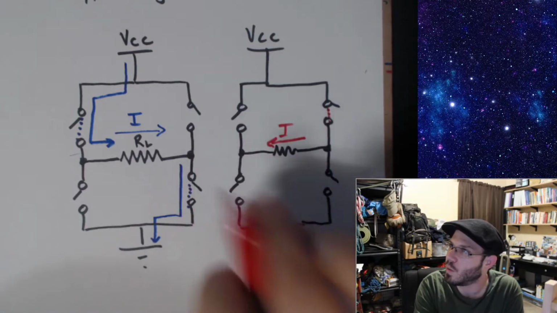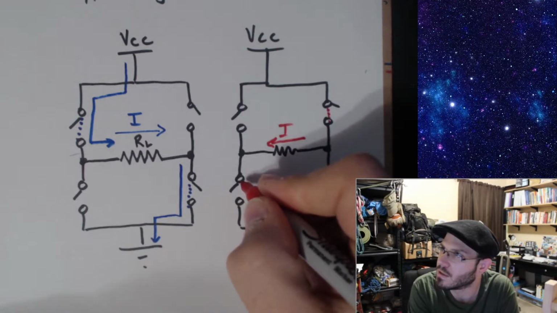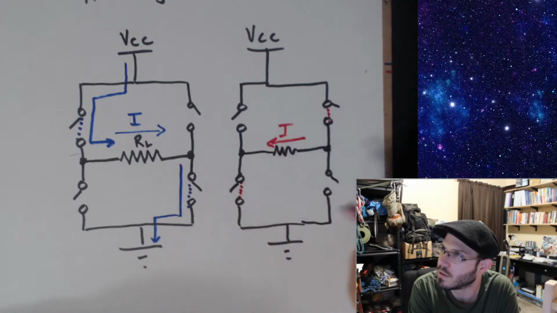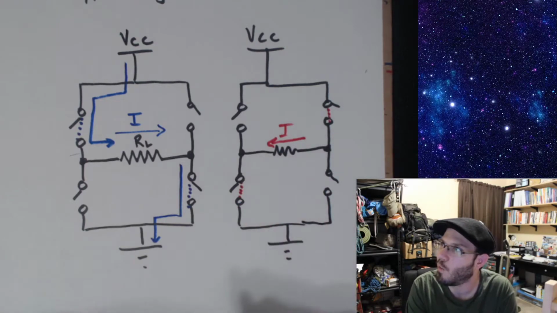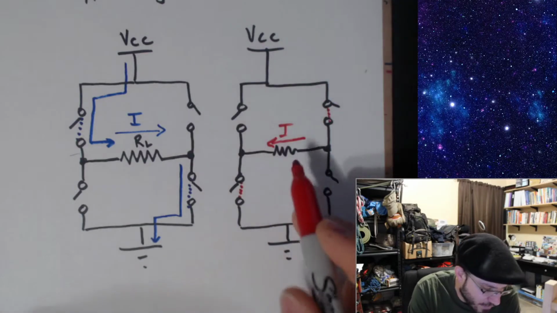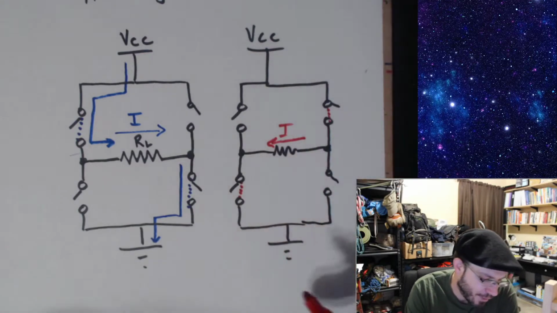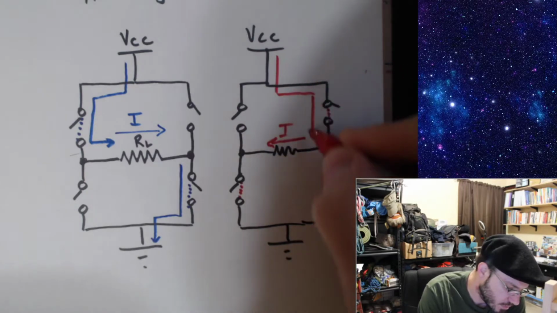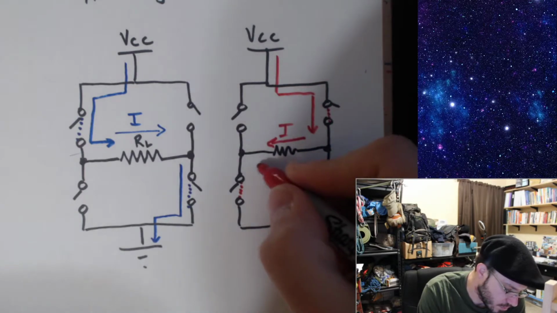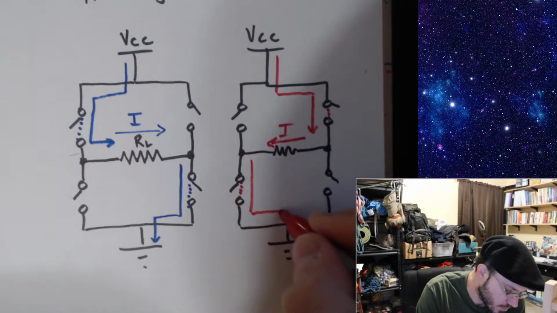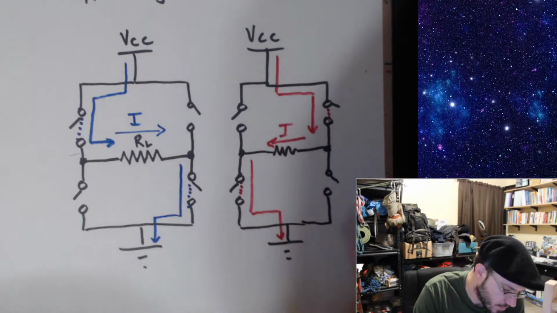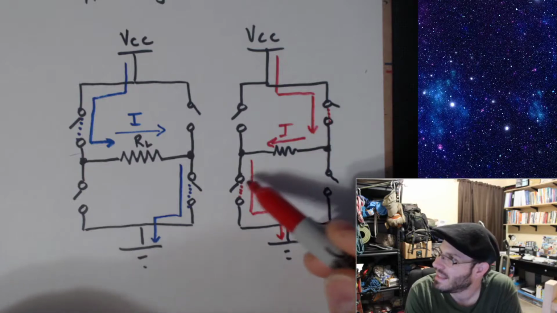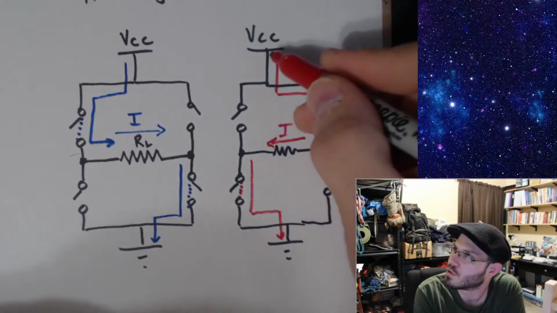Similarly, I'm going to switch which ones of these are closed. This one's going to be closed. This one's going to remain open. Now my pathway for current to get from our higher voltage to our lower voltage is going to take the path of these closed switches.